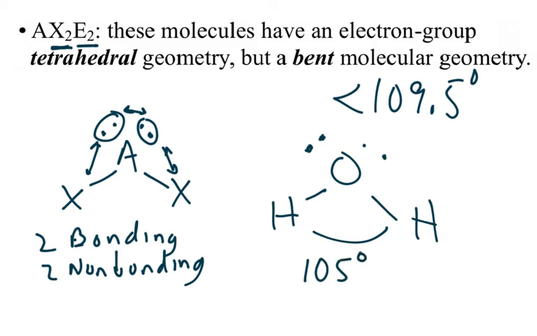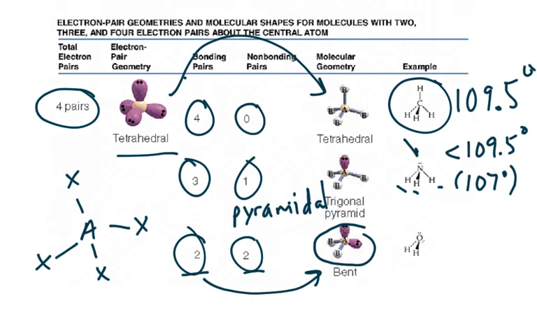You might see some textbooks say 104.5, but 105 degrees is the angle between the hydrogens in a water molecule. And again, that's less than 109.5. So notice that there are 2 bent structures. Okay, we have a bent with 1 lone pair that we saw earlier, and we have a bent with 2 lone pairs.